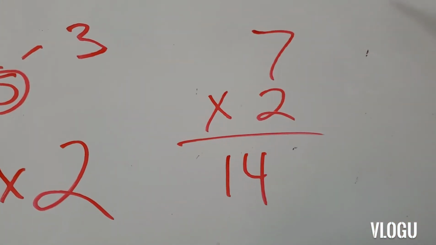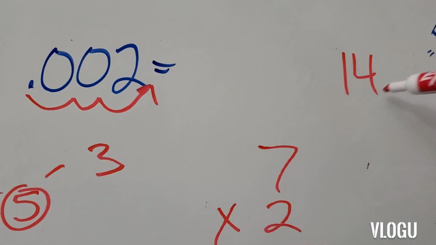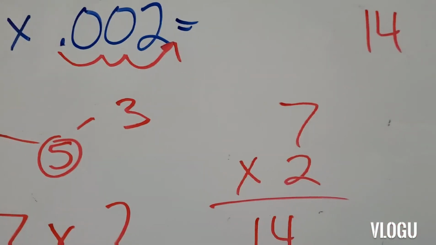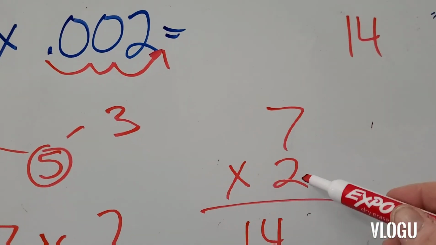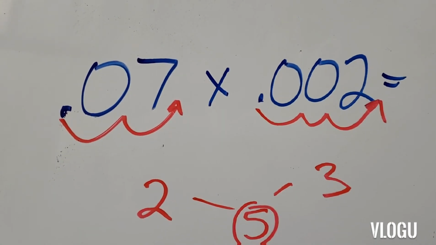So I do have 14 in my answer, except 14 is the answer to 7 times 2. We actually had decimal spaces and zeros.